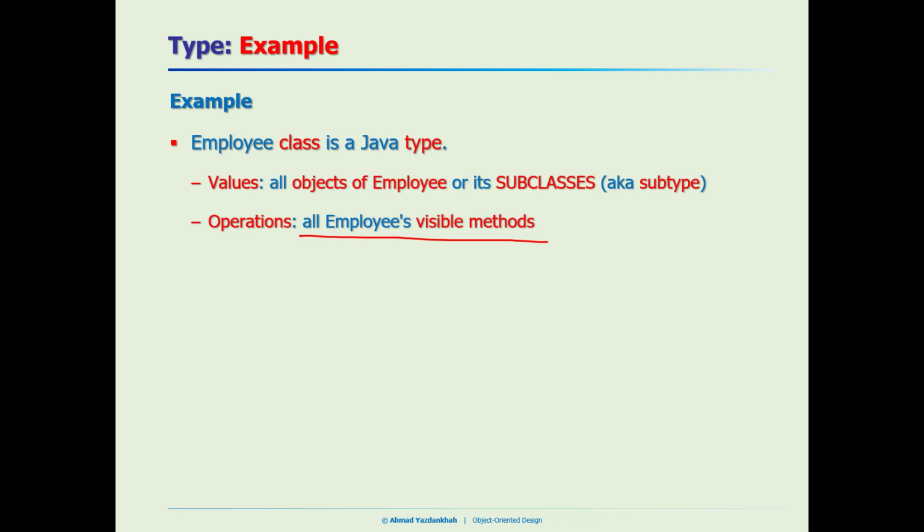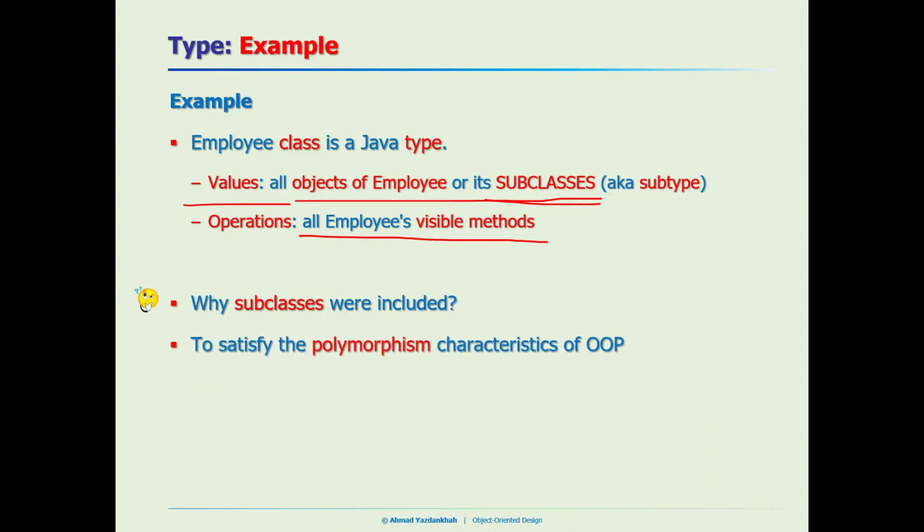Now let me ask this question. Why did I say subclasses? Why did we consider the objects of employee and its subclasses for the values? This is an important question. And the answer would be because we want to satisfy the polymorphic relationship.